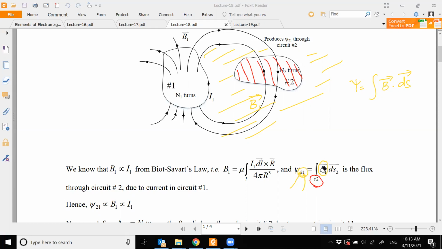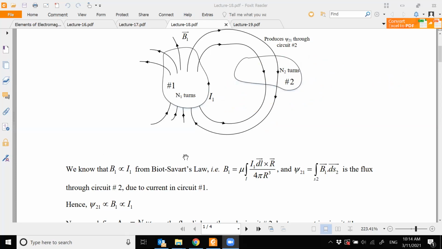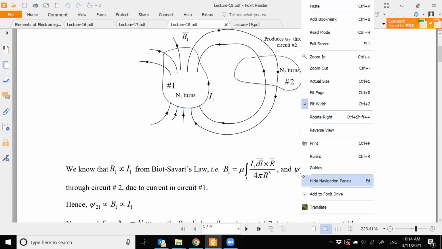Okay, so this is called the flux. This is the flux through circuit 2 due to current in circuit 1. Now I'm using the terminology, so please understand it. The terminology is, this is the flux in 2 due to 1.